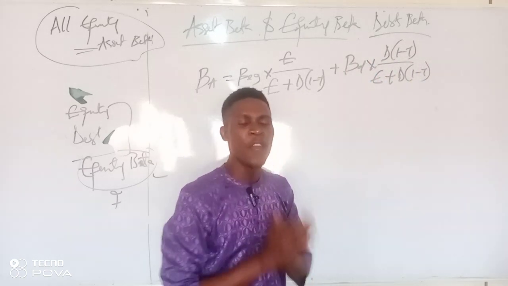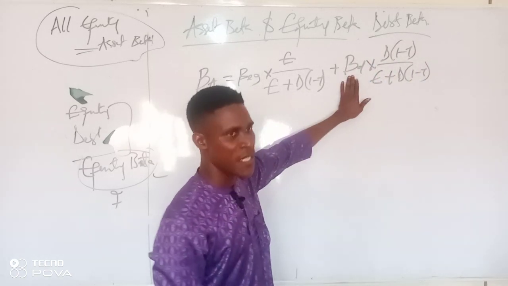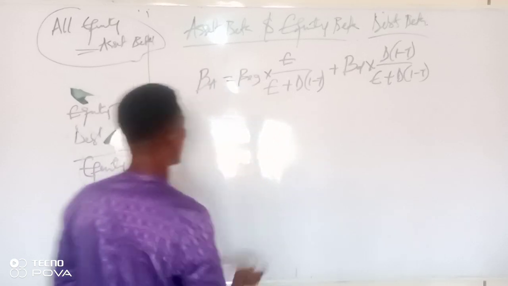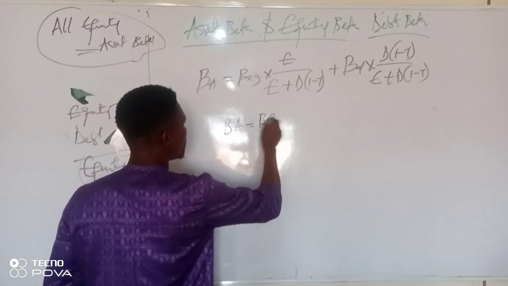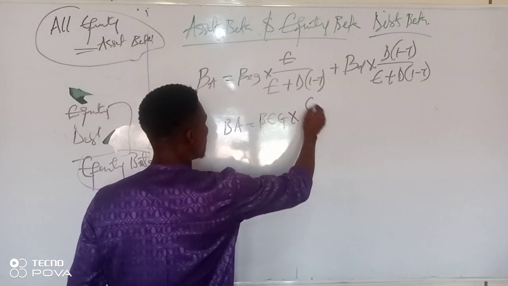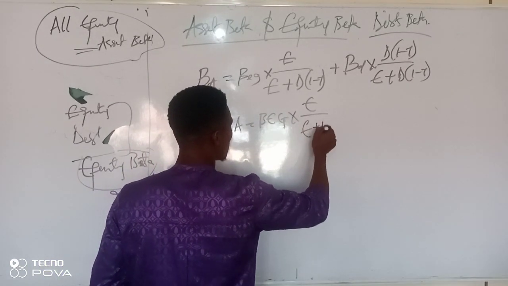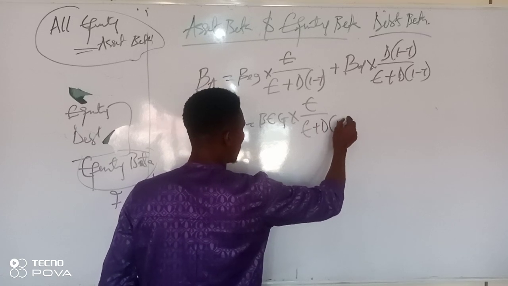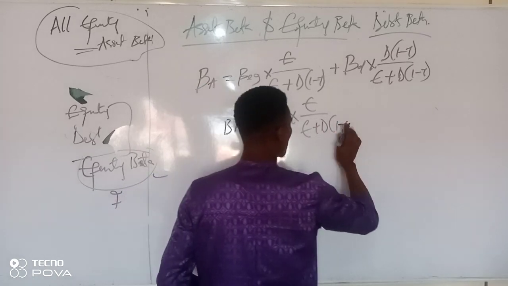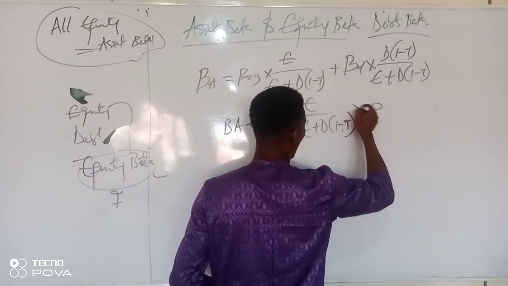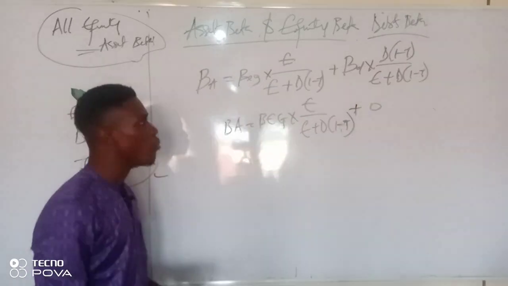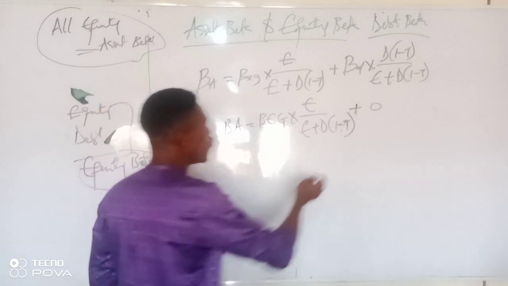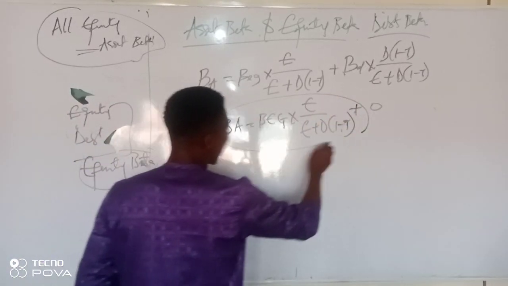So if you assume that the beta of debt is zero, then automatically our formula becomes: beta asset is equal to beta equity of a geared company times equity over equity plus debt post tax. That means this part becomes zero. In most cases, we will be using this simplified formula.